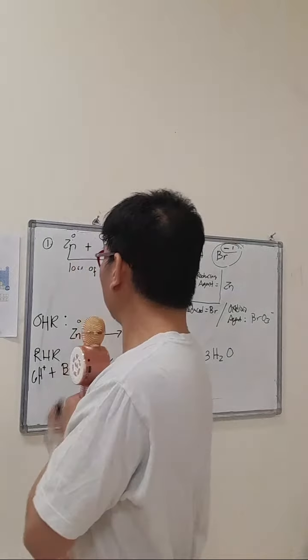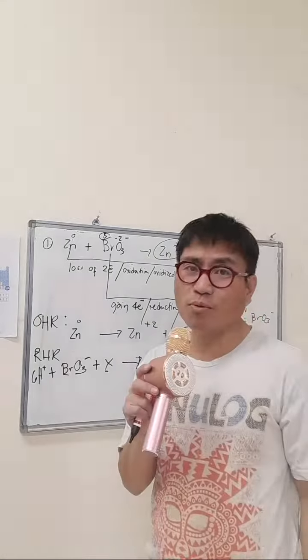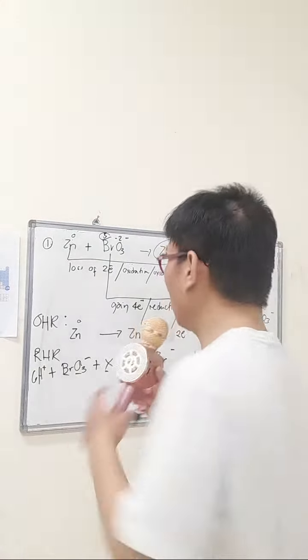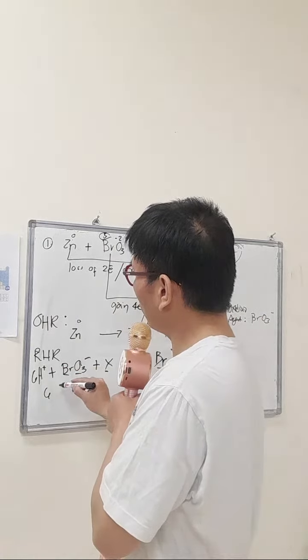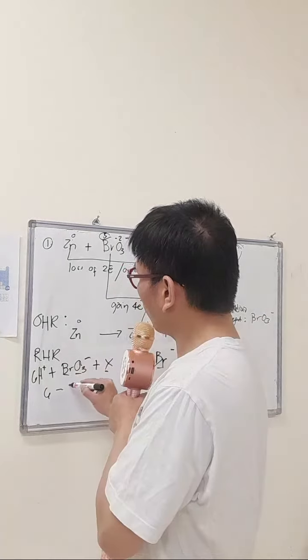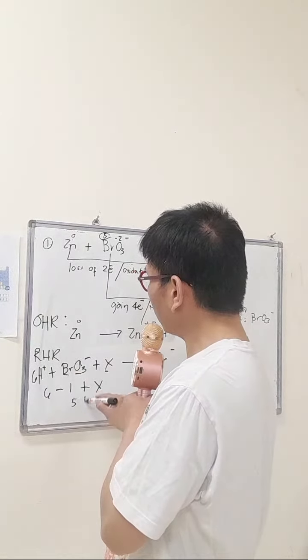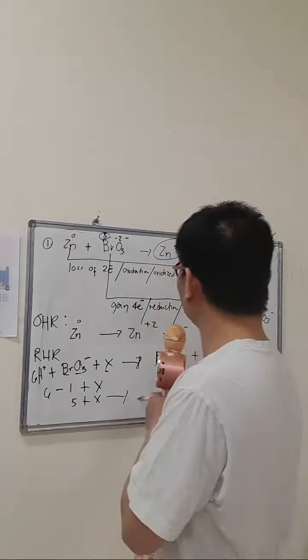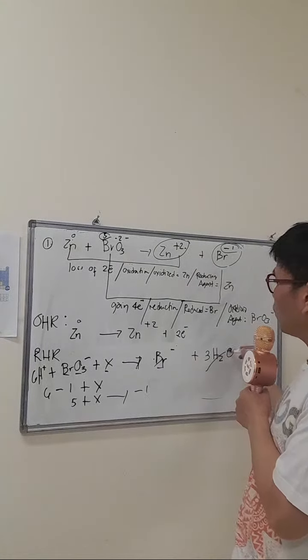Now, compute for the number of electrons using algebraic expression. 6 times 1 for the hydrogen plus 1 times negative 1 plus X. Therefore 5 plus X is equal to negative 1 times 1 is negative 1, plus 0 because water is a neutral compound.